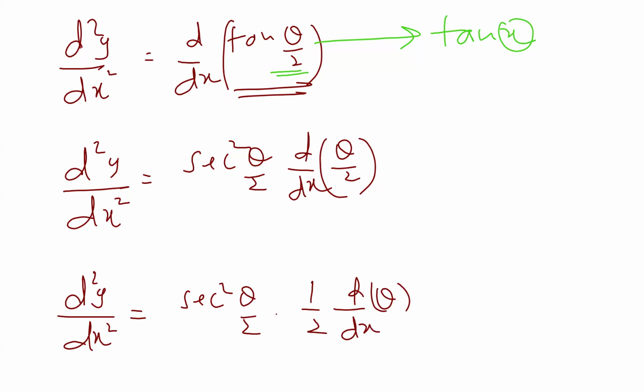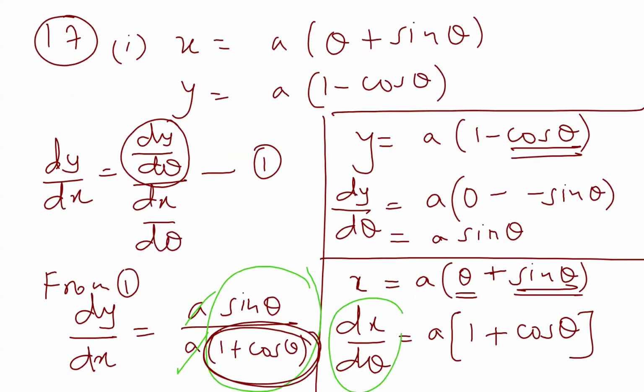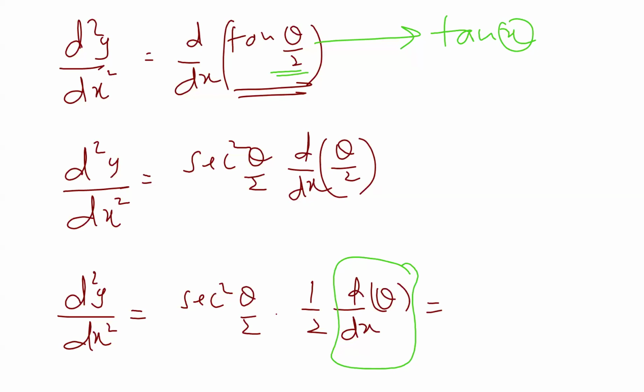Okay, now focus on this value. d theta by dx. This is d theta by dx, but what do we have? We have dx by d theta. dx by d theta is a times 1 plus cos theta. So d theta by dx will be 1 upon a times 1 plus cos theta. Okay, so sec square theta by 2.